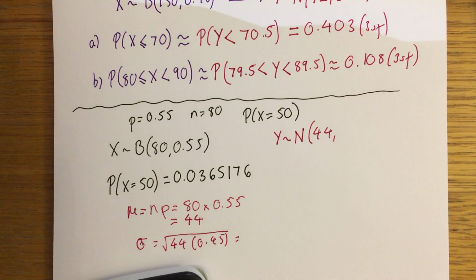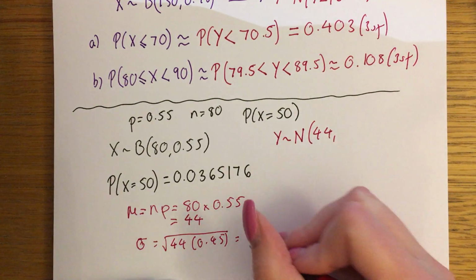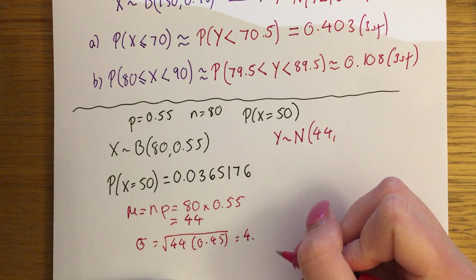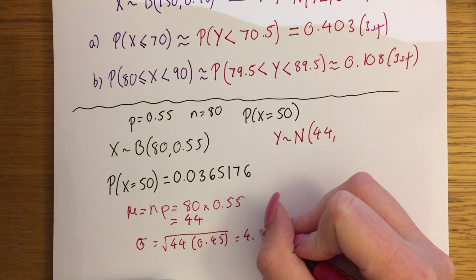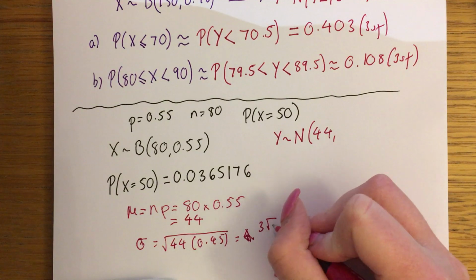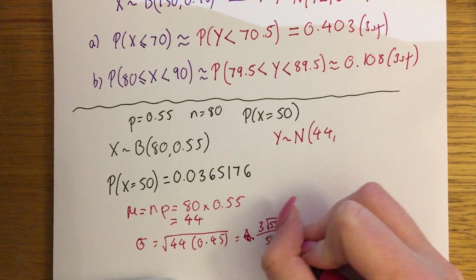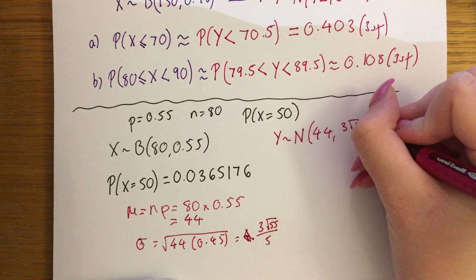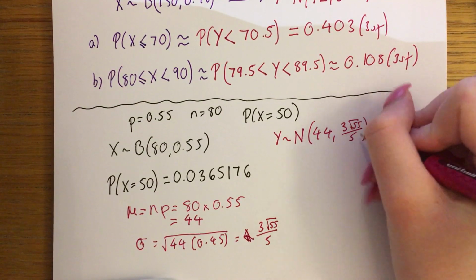So the root of 44 times 0.45 is 4 point something. Now, actually, I'm going to use my exact value because my calculator gave me an exact value. So 3 root 55 over 5.